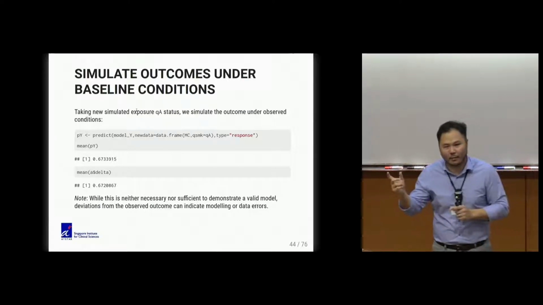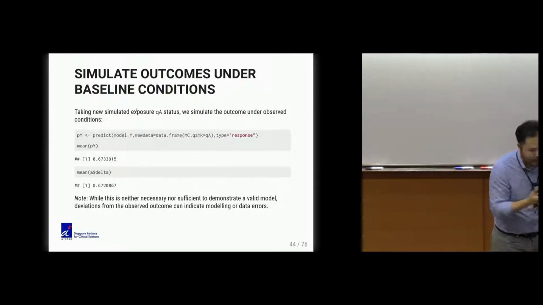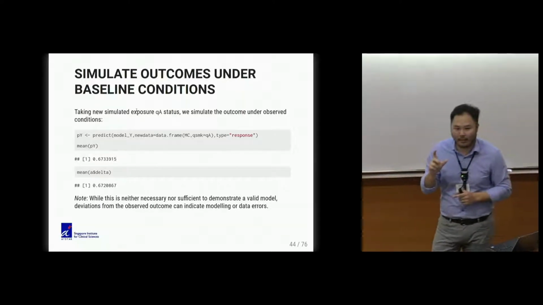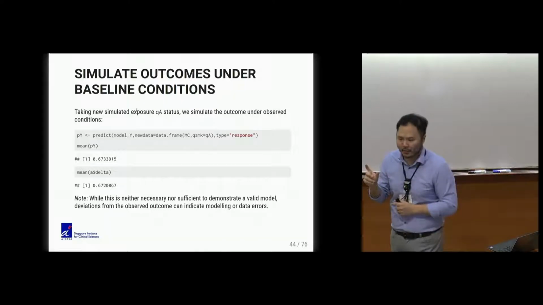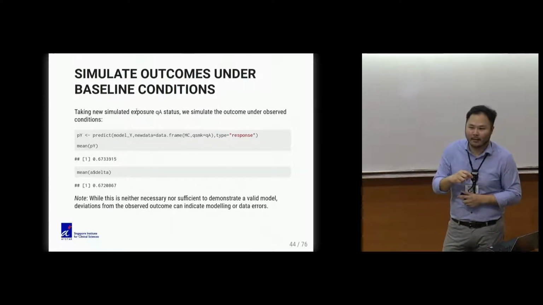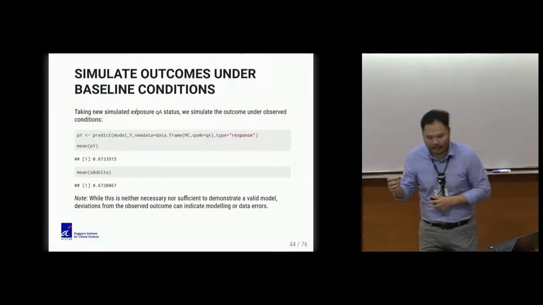Say if they're both biased in the same direction, you still end up with a good distribution. Second of all, you could have a good estimate of the observed distribution or the observed outcome measures and still have an incorrect model, because under different manipulations, you could still not have the actual correct estimate.